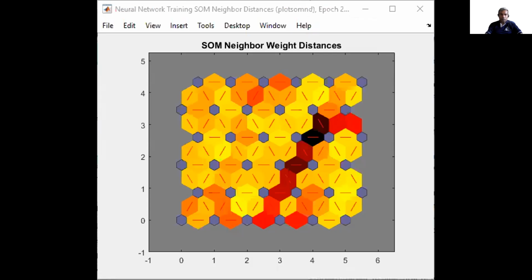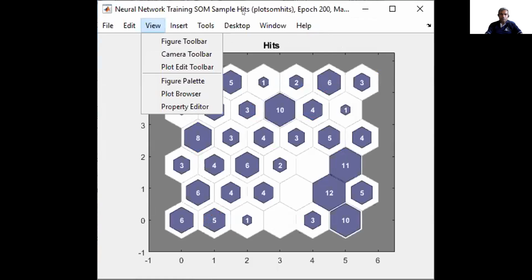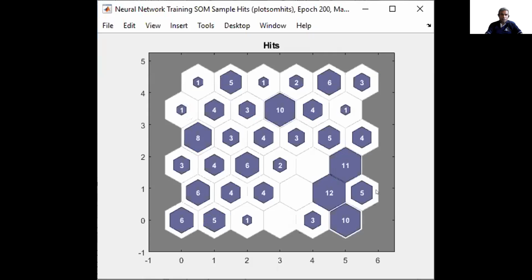We can look at how the samples are distributed by going to the next one. If you click the sample hits button, you can see this is how the actual data samples are distributed. So 12 means 12 samples are closely attributed to each other and they were put into this particular cell.